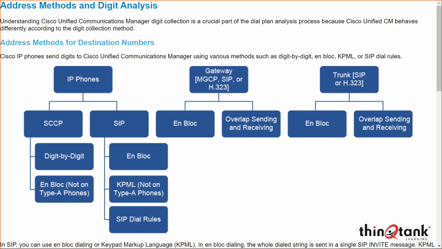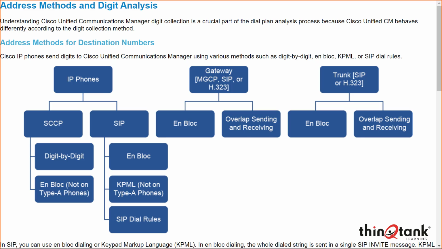It can play annunciator messages like a reorder tone, that fast busy that you hear. And it doesn't even have to interact with Call Manager to do that if the dial rules are installed on the phone itself. If the dialed digits match a specific dial rule, then we can send an invite message to Call Manager to say, okay, I'm ready to go ahead and process this call and proceed with the call setup and so on.